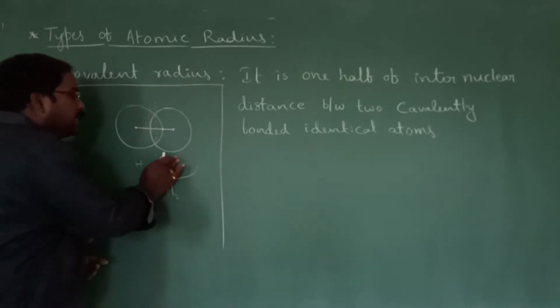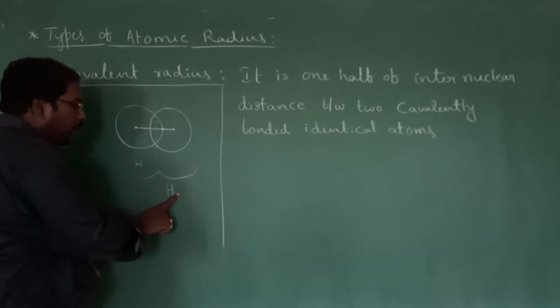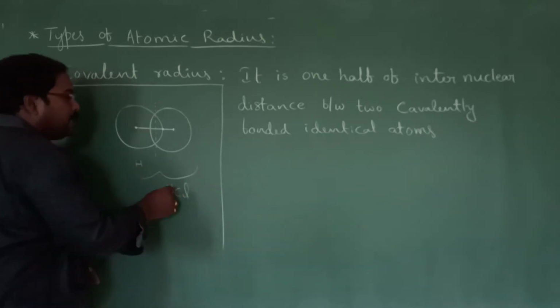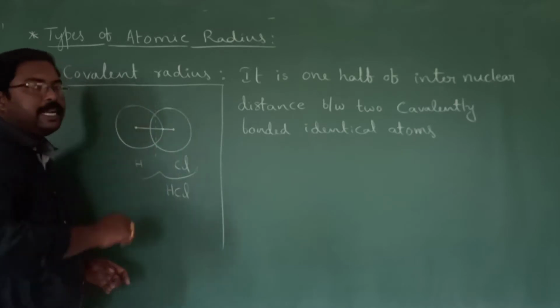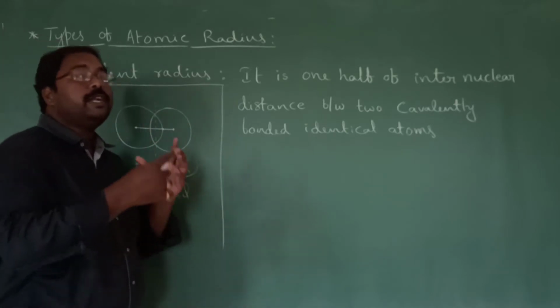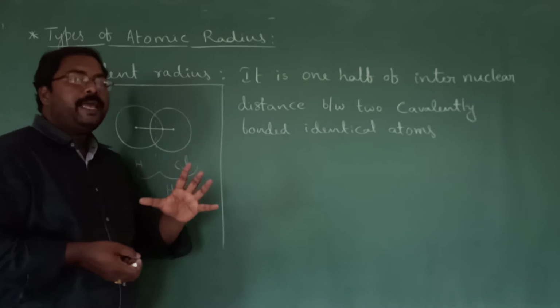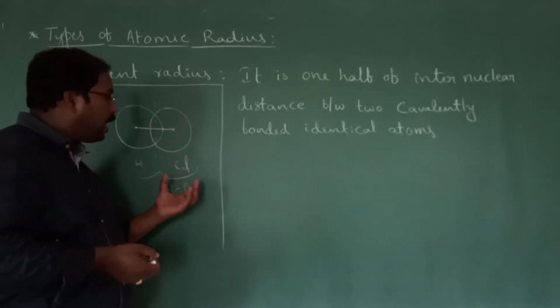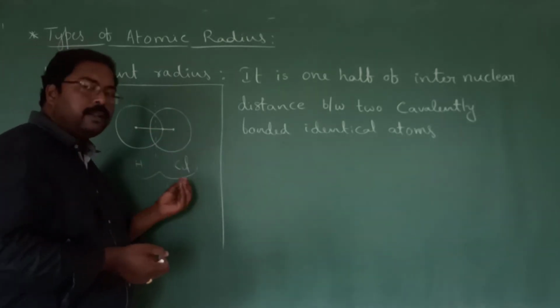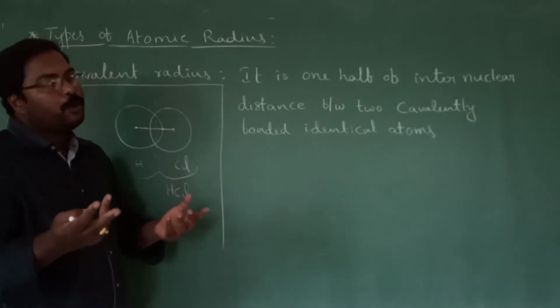Because instead of H2, if I take HCl, one atom is hydrogen, another atom is chlorine. So if you take 2 different atoms, one may have a large size, the other may have a small size. So you cannot get the atomic radius of both atoms.